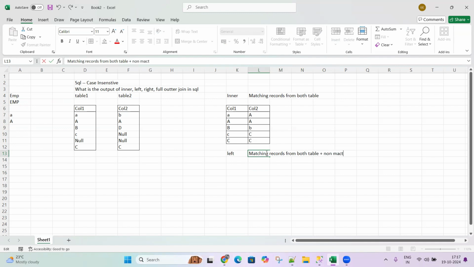Consider this as the left side of the table and this as the right side of the table.